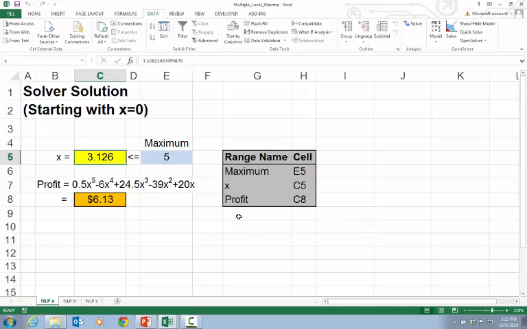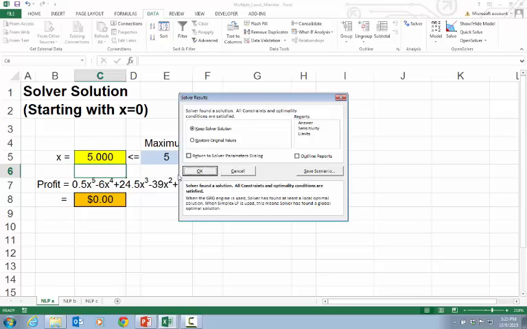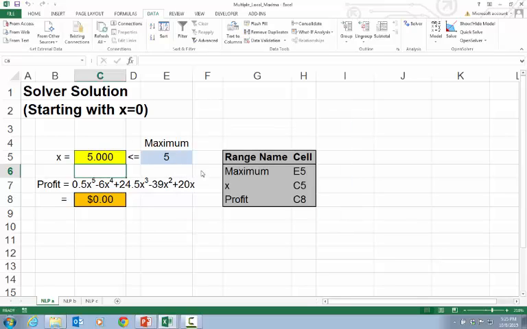If I start this at 5, by the way, and again rerun Solver, then it in fact gives a value of 5 in this case. It says, oh, we can't do any better than that.